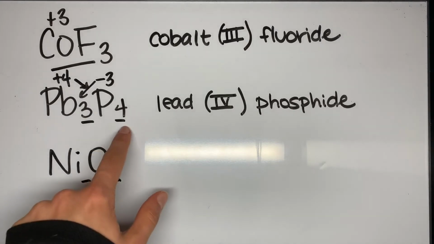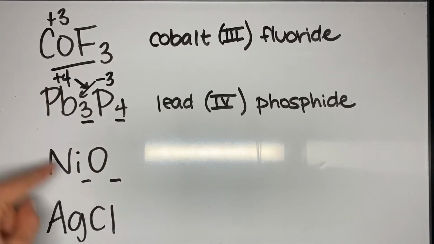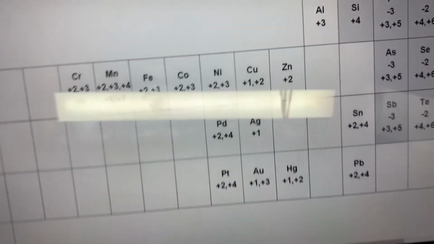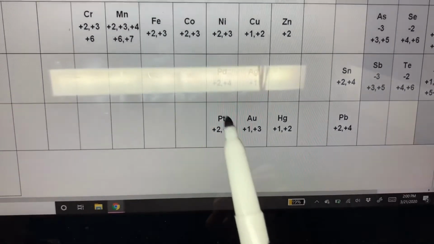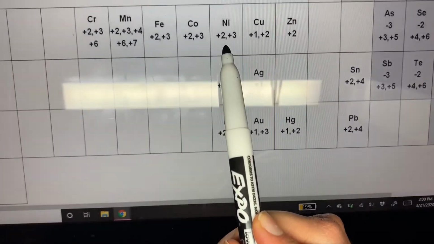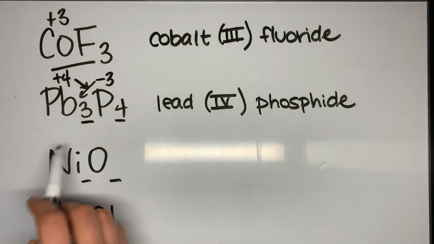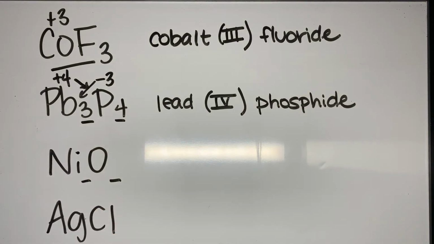Because if we were to do this reverse crisscrossing, you would think that nickel has a +1 charge. If we look at the periodic table that I have pulled up here, nickel can either be a +2 or a +3. That +1 is not even an option for nickel.